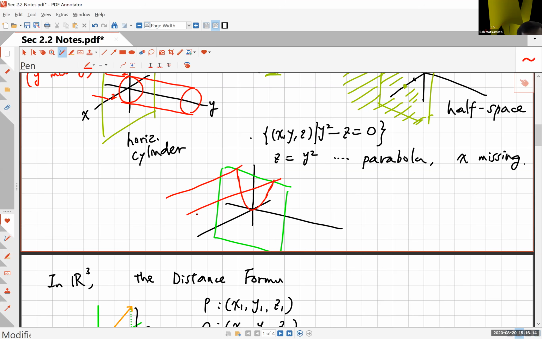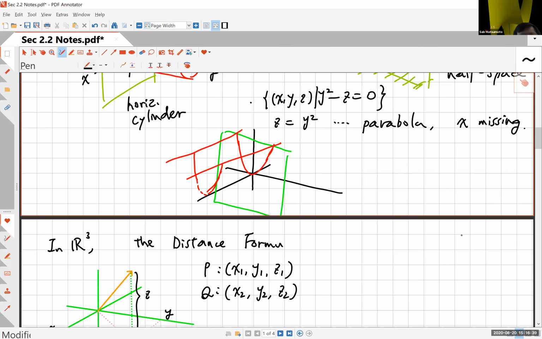And so all of these points are considered to be a part of this. Okay, so you see what I'm talking about here? It looks like a trough, or a sort of gutter, and so this is sometimes called a parabolic cylinder. We'll be discussing what to call these surfaces in the near future.